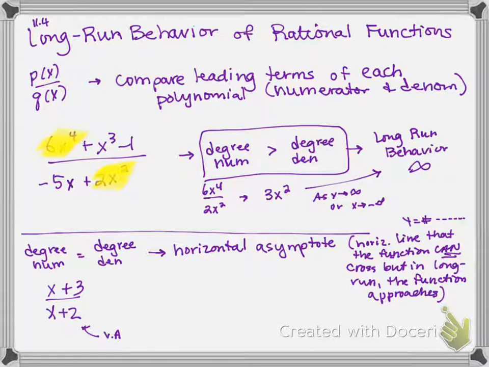But if we're looking for the long-run behavior here, you can focus on those leading terms, and in this case they're both single x's. And if you look at the coefficients, you get a horizontal asymptote of those coefficients. So x over x would be 1 over 1. So at y equals 1, there's a horizontal asymptote for this graph.